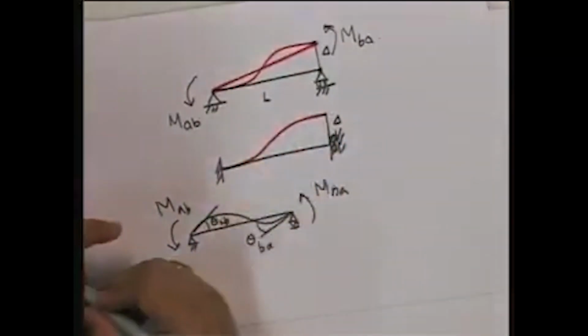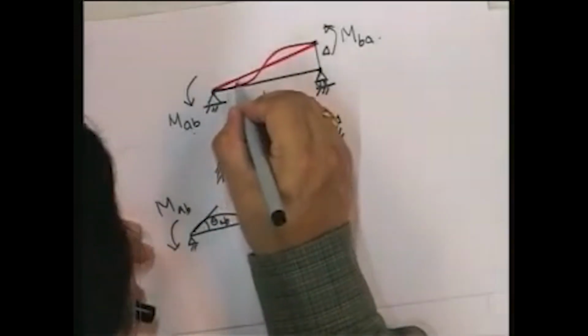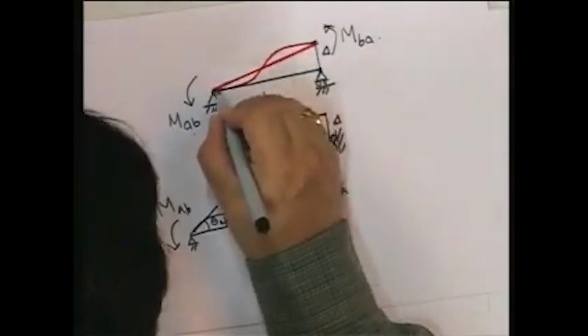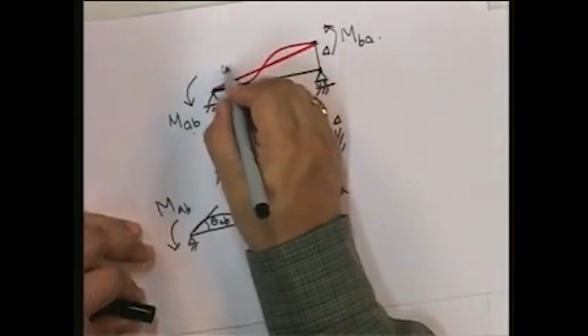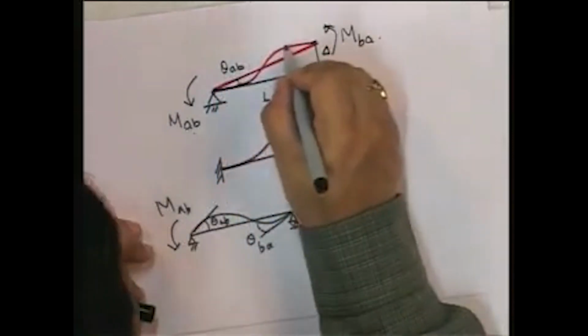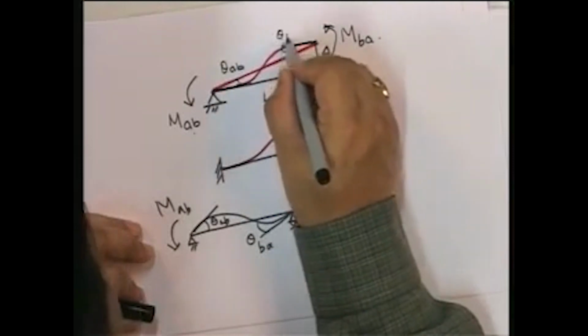So that means, what are my rotations? Let's look at my rotations. What is my rotation? This is the undisplaced shape. Note, displacement is this way. This is my theta AB, okay, and this is my theta BA.